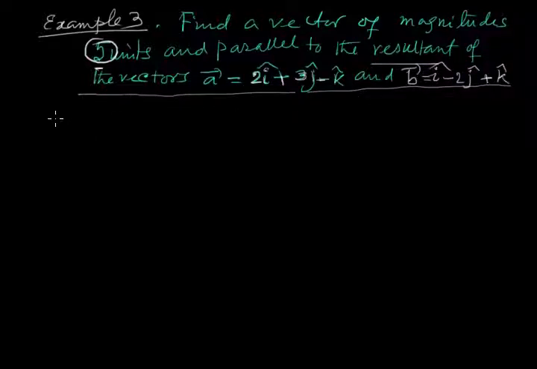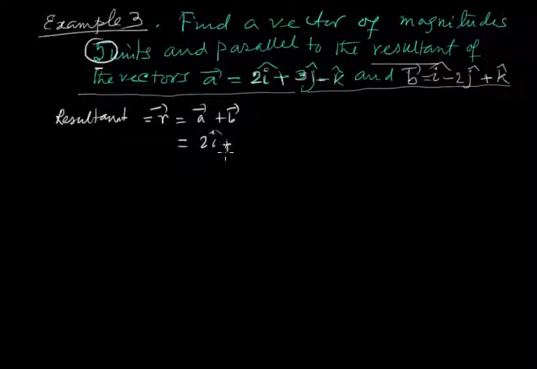You know the resultant, say this is vector R, which is equal to the sum of two vectors, that is 2i plus 3j minus k cap plus i cap minus 2j cap plus k cap.